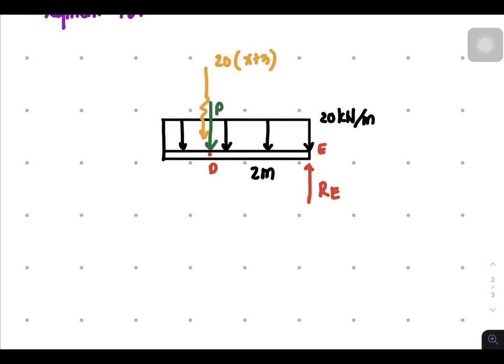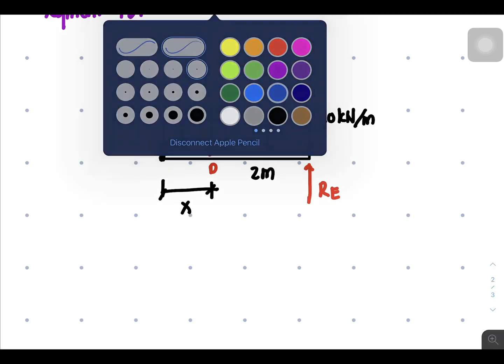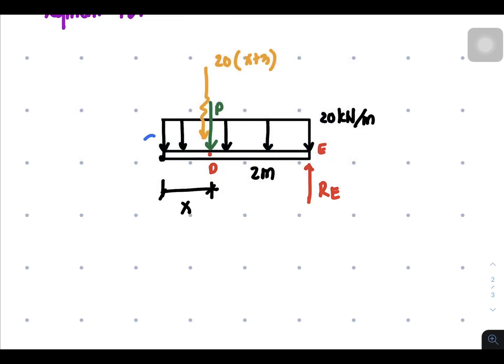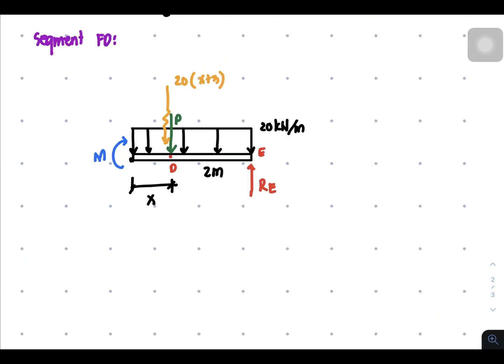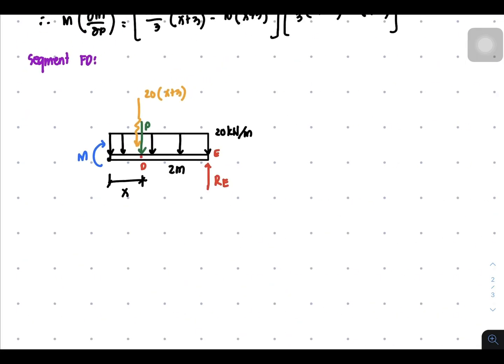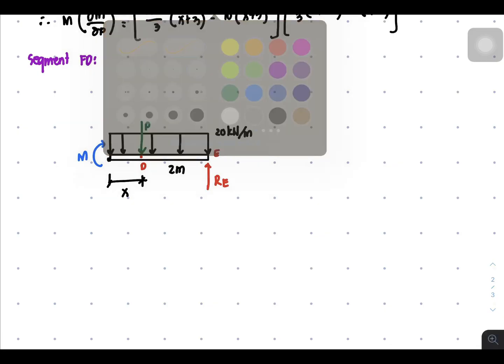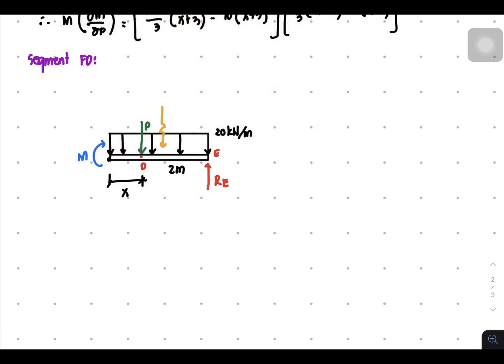So here, this is now the point of cutting, and this is now expressed in terms of x, and of course the moment equation for m. And this time we have to erase this, since that is no longer the location of the resultant, but rather here.